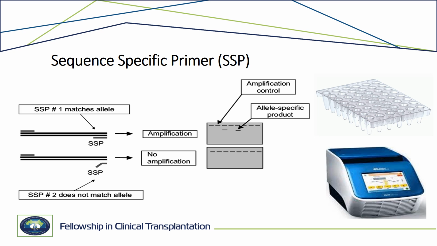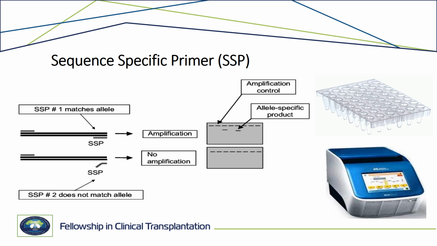So this tray becomes more specific and gives you allele level resolution or high level of resolution. So the way we do it, we just add our DNA, we add our primer, and we add our Taq, and we do a PCR amplification of this product, and then we run them on a gel.